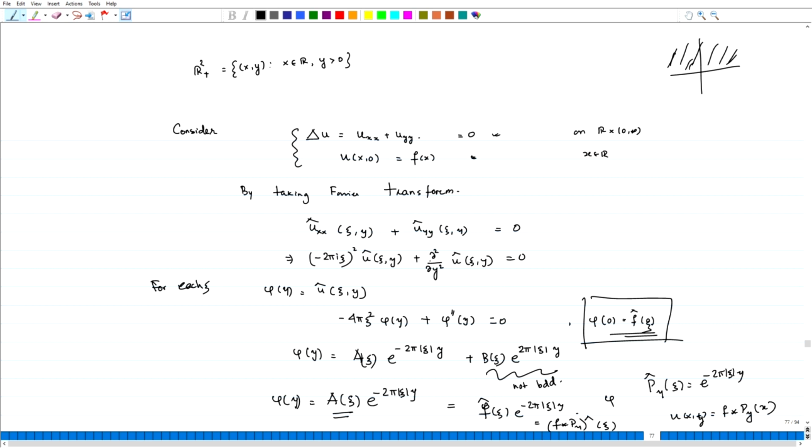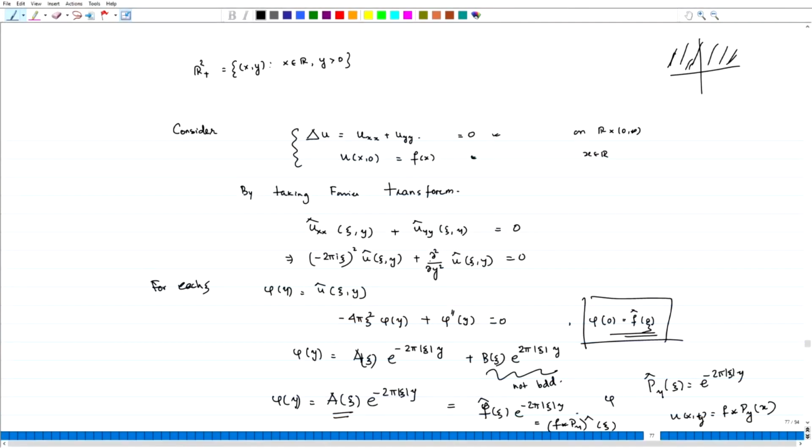Now, we are considering it in the domain which is the upper half plane, and the boundary of that domain is the real axis, where y is equal to 0. The equation we considered is Delta u equal to 0 and u(x, 0) equal to f(x), and we are assuming our f to be a nice function, in particular in the Schwartz space.